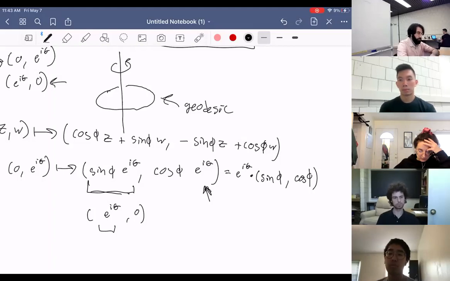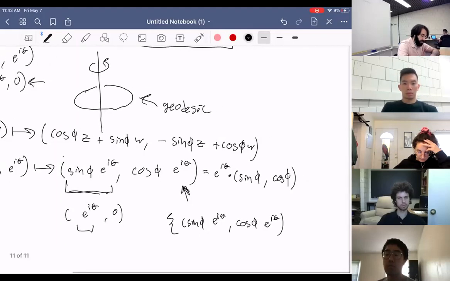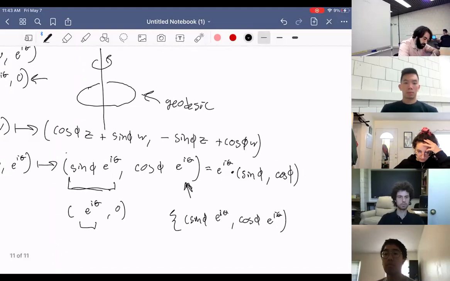Let's say the set of points sine phi e to the I theta, cosine phi e to the I theta for a fixed phi.